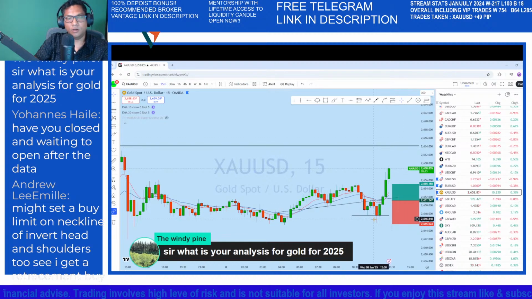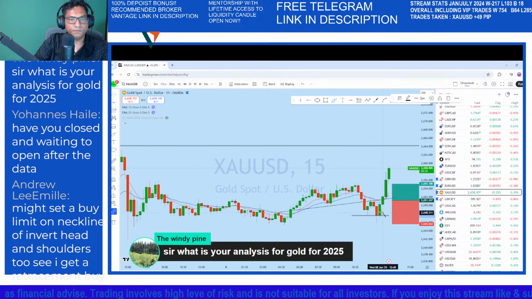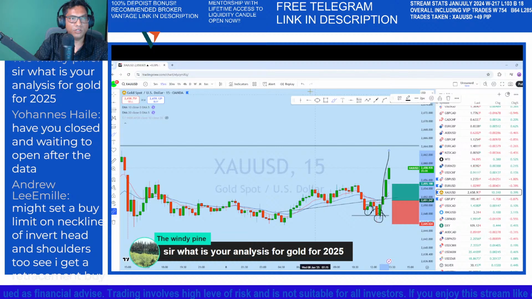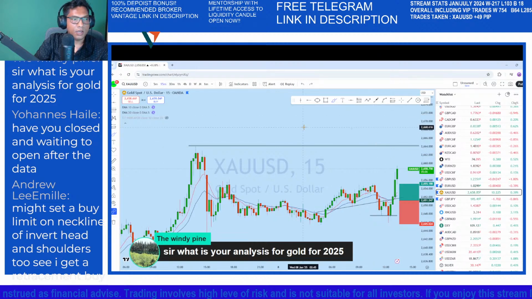All right, with this inverted head and shoulder formation, a very strong breakout.